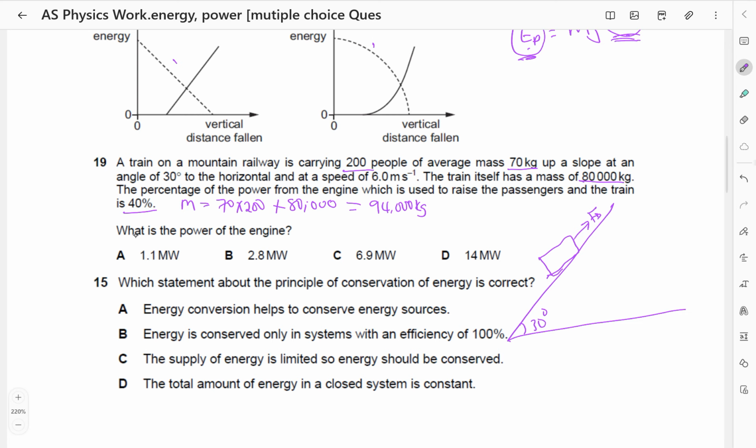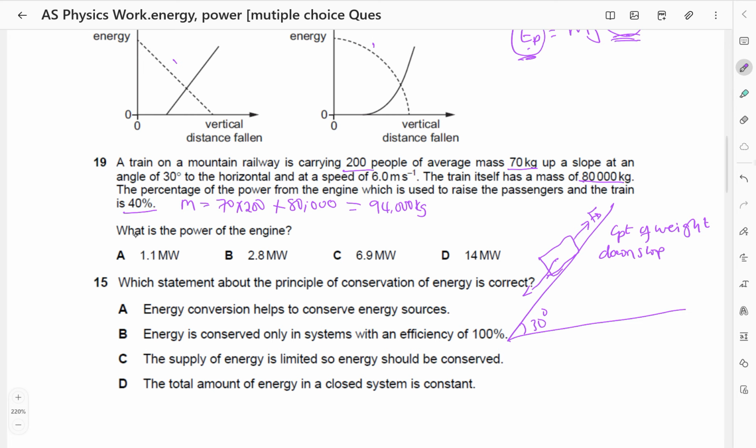But there's a component of the weight down the slope. Friction has not been mentioned here. So let's find that component. Component of weight down the slope.